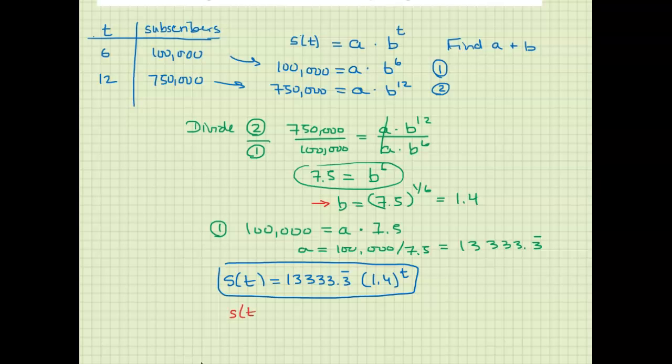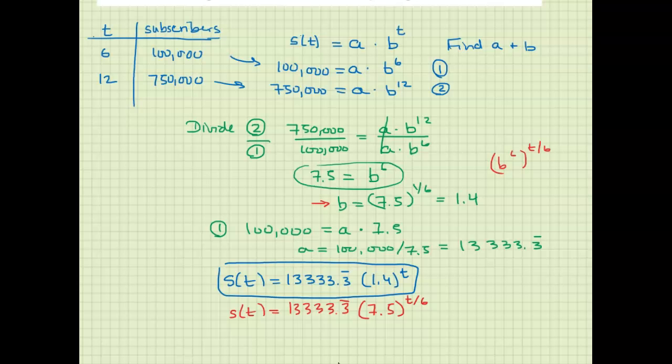So you write S of t equals 13,333.3 times 7.5, but because this was b to the 6, you want to have this as t over 6. So b to the 6 over 6 times t, the 6's cancel out and you get b to the t that you need.